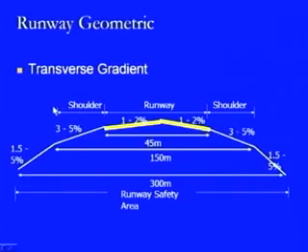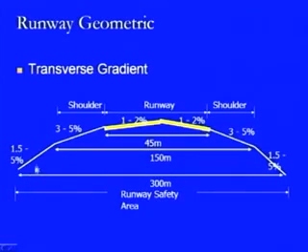Then we have the shoulder, and in the case of a shoulder, the slope provided is a little steeper as compared to the runway strip and varies between 3 and 5%, and by this point the width of the runway strip becomes 150 meters, as shown here. This is sufficient for the general categories of aircraft which will be using that air strip.